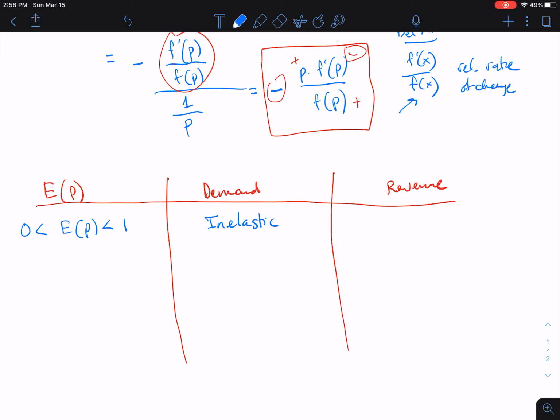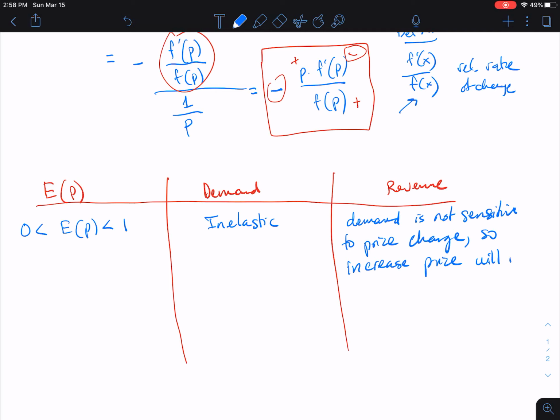This means inelastic, that means demand is not sensitive to price change. So an increase in price will result in an increase in revenue. An example of this would be something like water, or SMUD, something that deals with a necessity that we need.